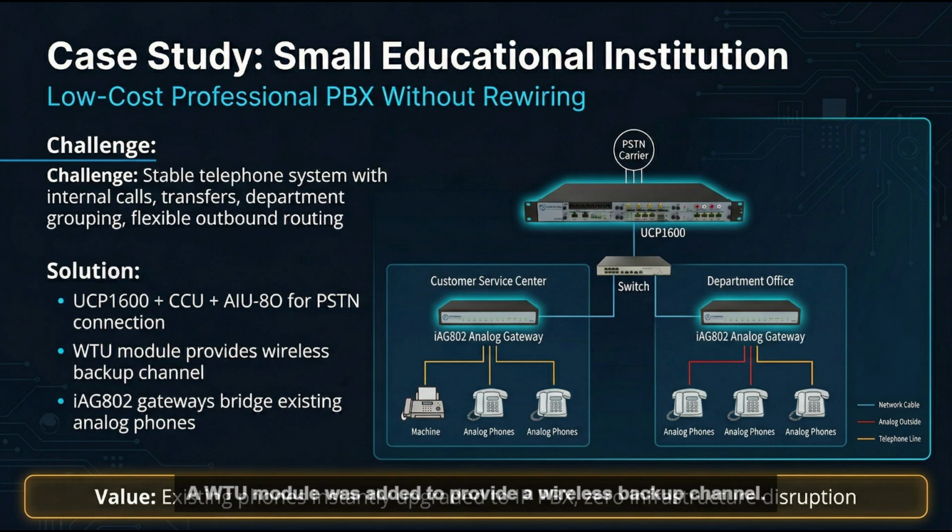A WTU module was added to provide a wireless backup channel. To preserve existing endpoints, IAG802 gateways were used to bridge the existing analog phones into the system. The value here is straightforward. They upgraded to IP PBX capability immediately, kept existing phones, and avoided rewiring or disruptive infrastructure changes.